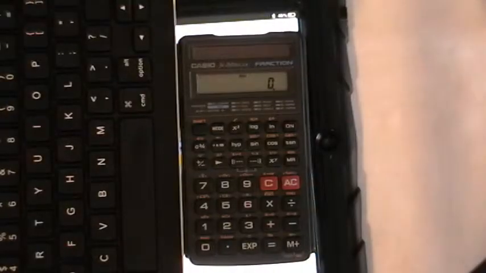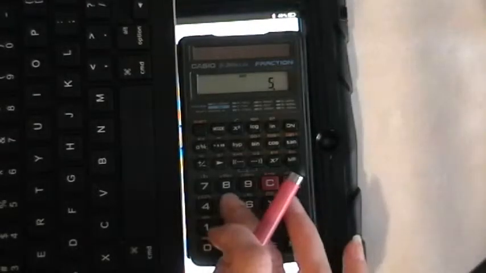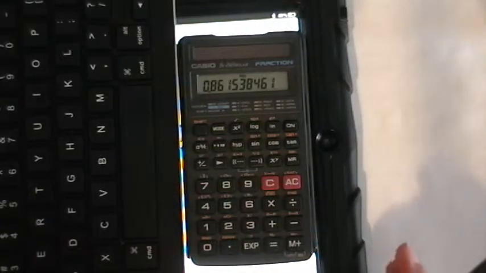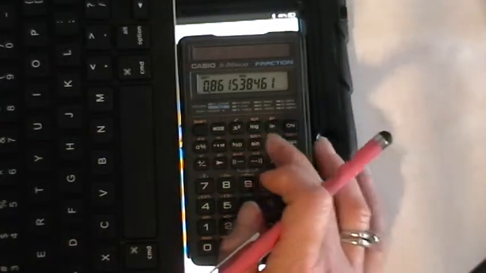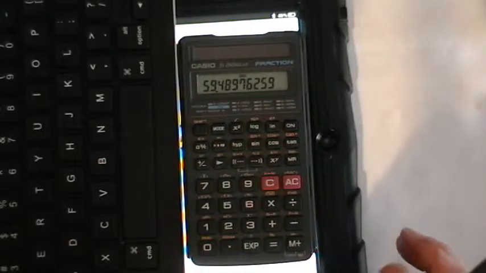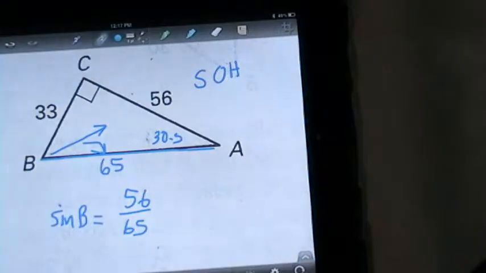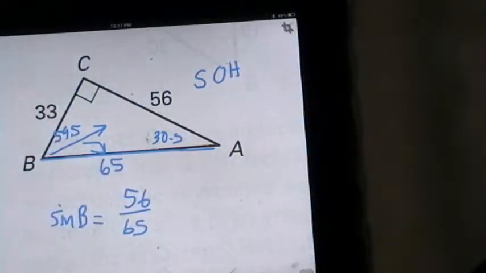I could probably do this, though. Yes. Okay, so we have sine 56 over 65. So I'm going to put in 56 divided by 65 equals, that's our ratio. Now I can do the inverse sine, and I get 59.48 or 59.5, which is what we said before.